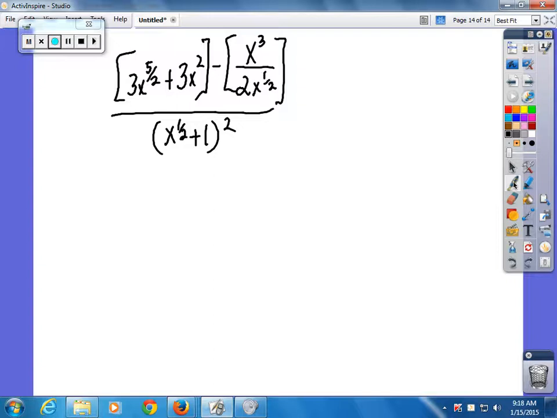I can't do anything here really. Back out the 3, but we're not going to worry about that because we may be able to cancel something. Something may cancel out.